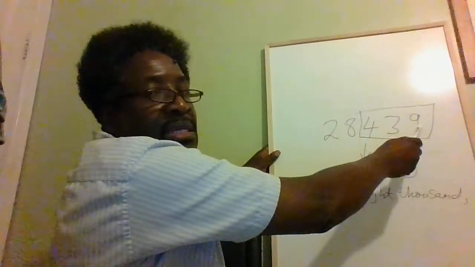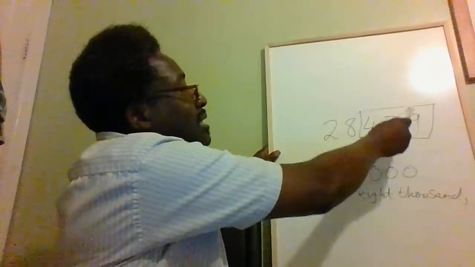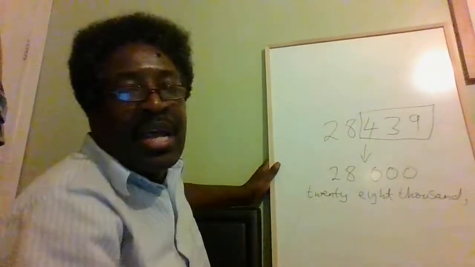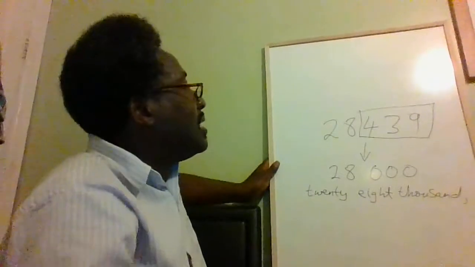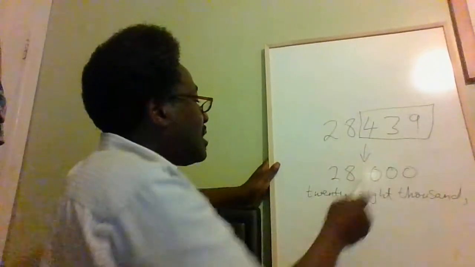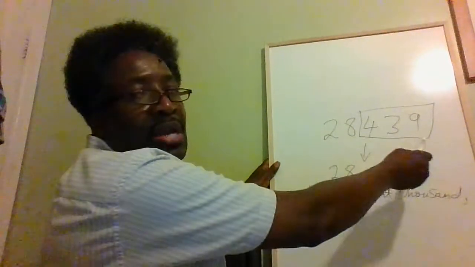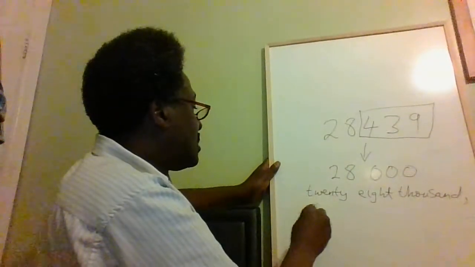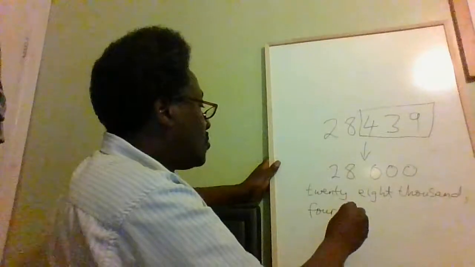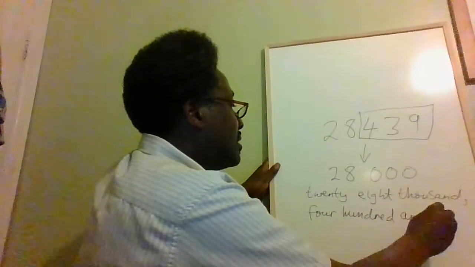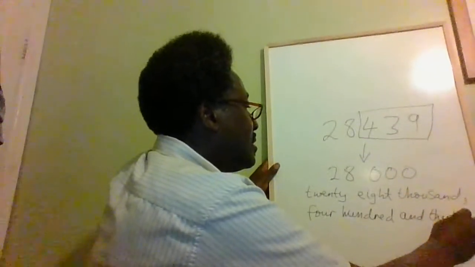This 9 is in the units or the ones place value. So the value of that digit of 9 is actually 9. So this is 439. So far we have 28,000, comma, then you now say 439.